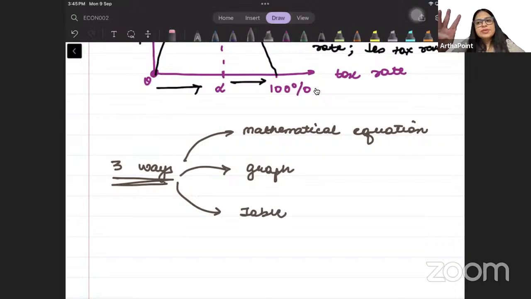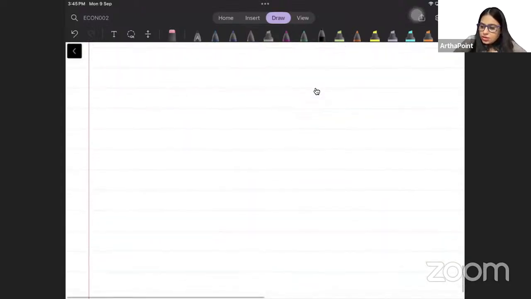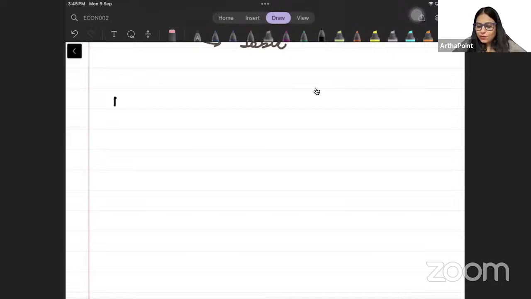Three ways to represent a function. क्या है function? In a function, there is an independent variable, there is a dependent variable, one is dependent on the other. Clear? ठीक है बेटा. Now let us talk about something which is known as domain of the function.